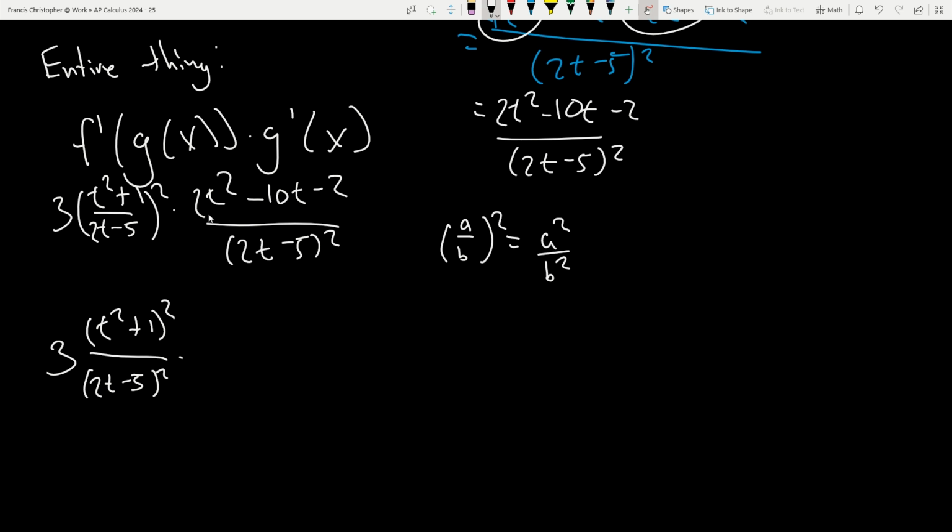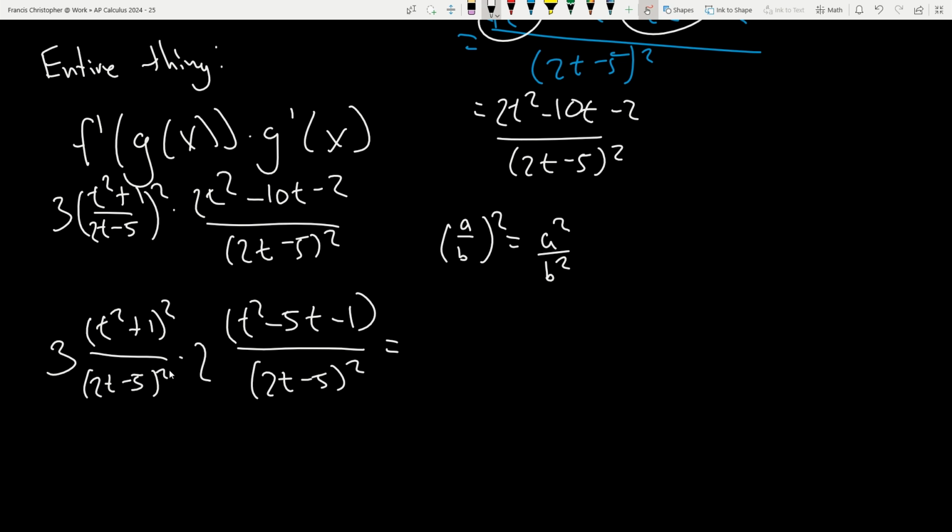And here I can pull out the 2. So dividing the entire top by 2, because I factored out a 2, I get this. And if you notice, if I multiply the 2 out here, it's going to be the same thing as our numerator here, and everything else stays the same.